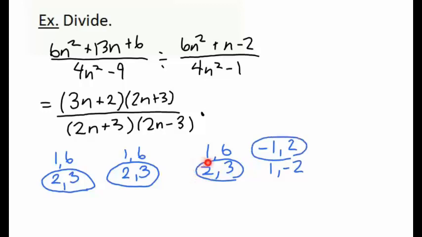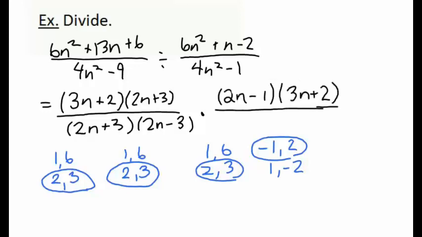We need 2 and 2 for 4, negative 1 and 3 for negative 3, and when we add those together, we'll get positive 1. So here's what we get when we factor the numerator of our second expression and the denominator of our expression 4n squared minus 1. Again, this is a difference of squares, so let's go ahead and break this up into 2n plus 1 and 2n minus 1.